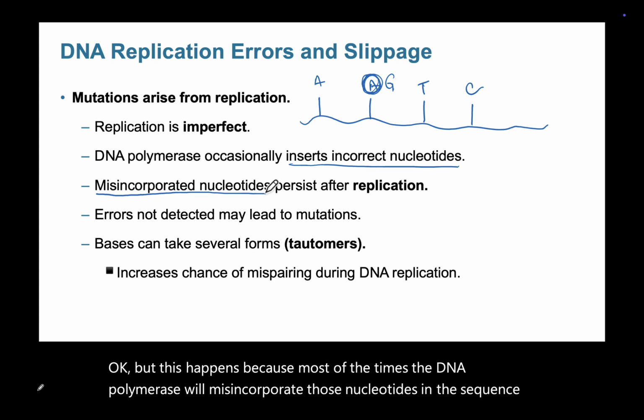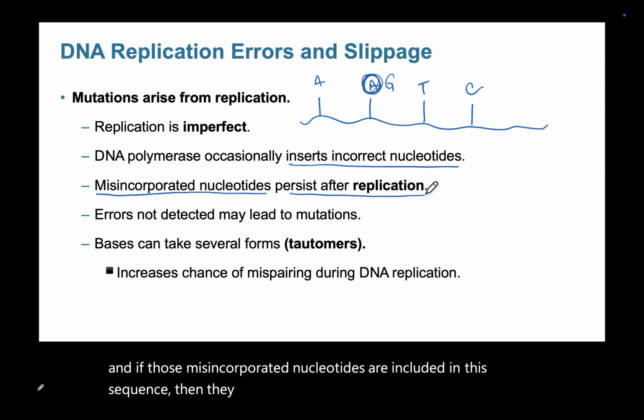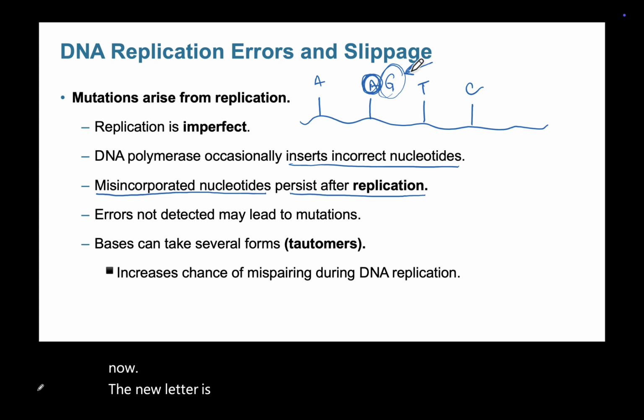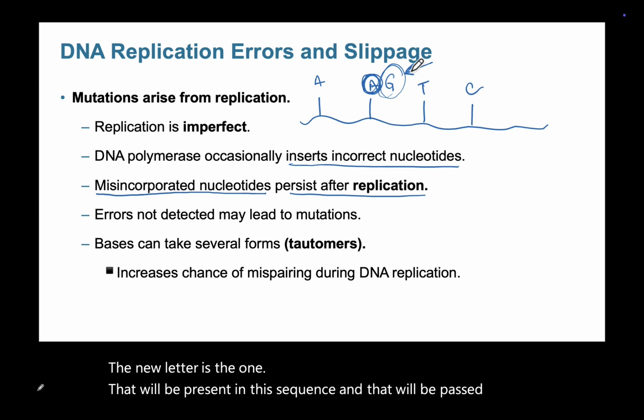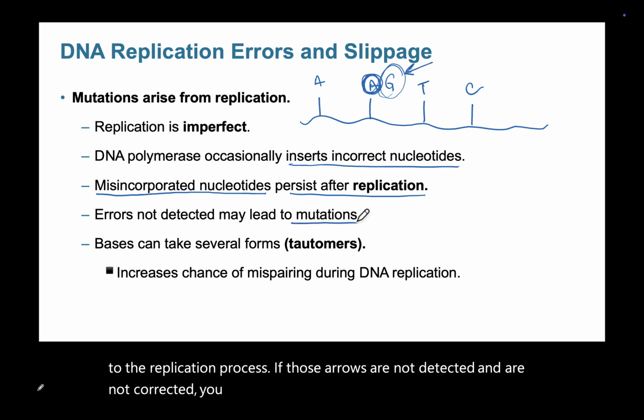And if those misincorporated nucleotides are included in this sequence, then they will persist after replication, right? Because now the new letter is the one that will be present in the sequence, and that will be passed down through the replication process. If those errors are not detected and are not corrected, they can definitely lead to mutations.